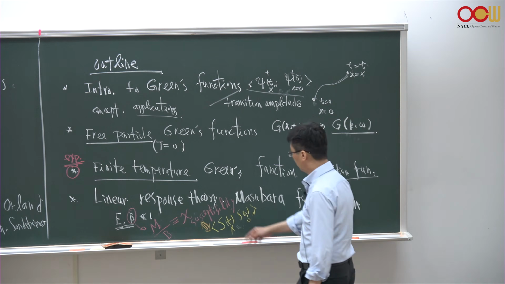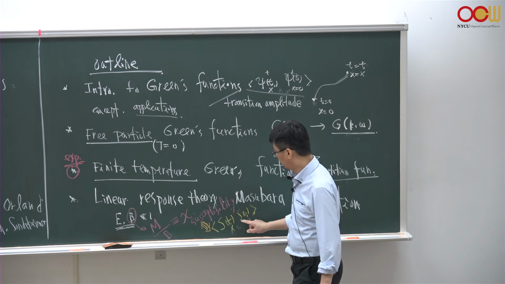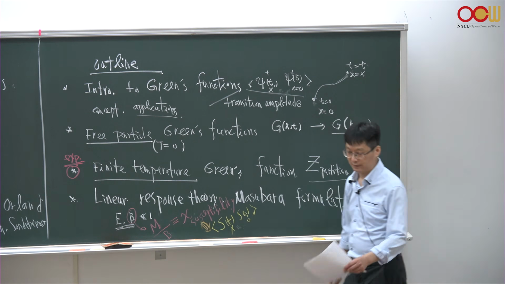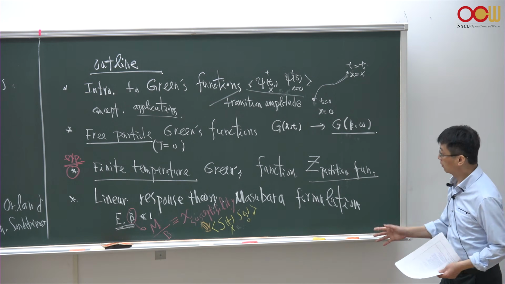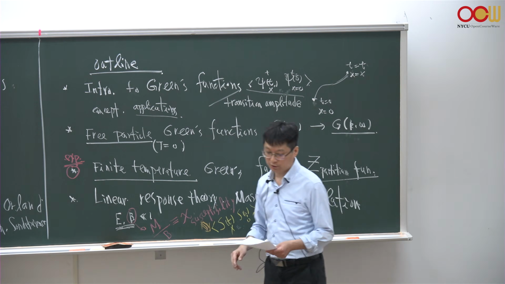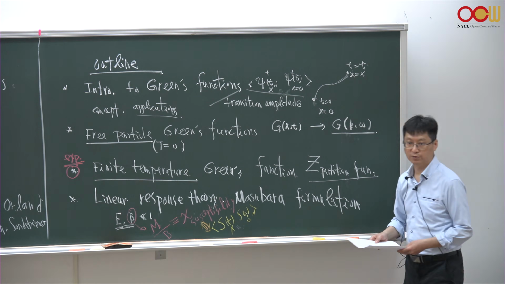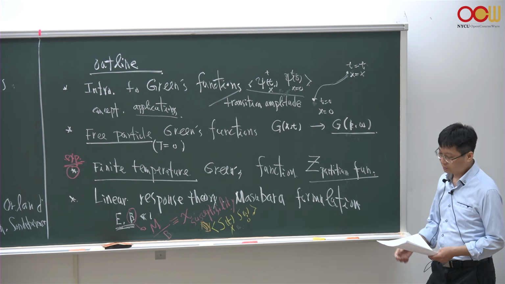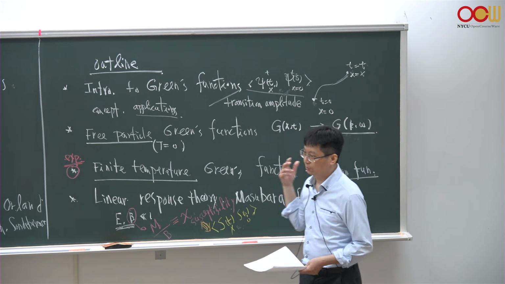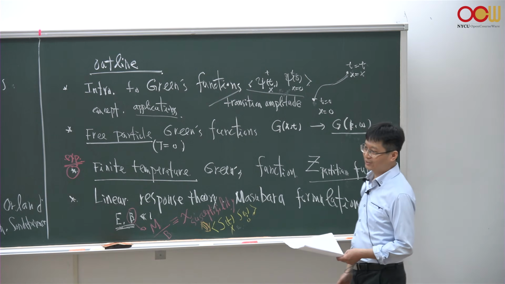So there's a one-to-one correspondence between the theoretical formulation of the spin-spin correlation function and experimentally measurable quantities such as magnetic susceptibility. This is a really powerful method which allows you to relate theoretical quantities and experimentally measurable quantities. Everything you calculate could be checked experimentally, and everything that you measure could be calculated in the theory.